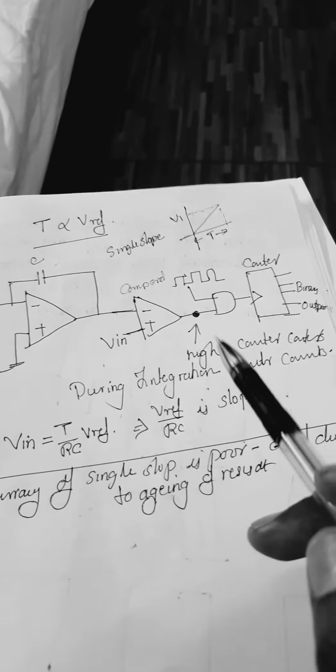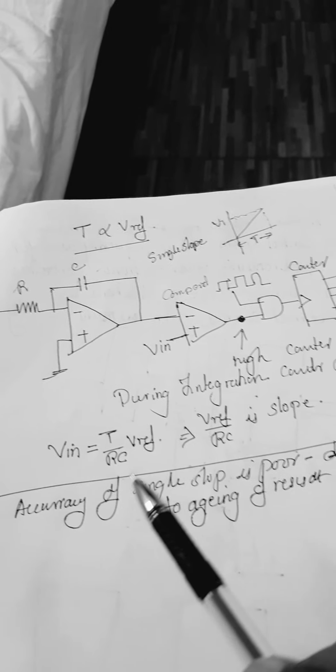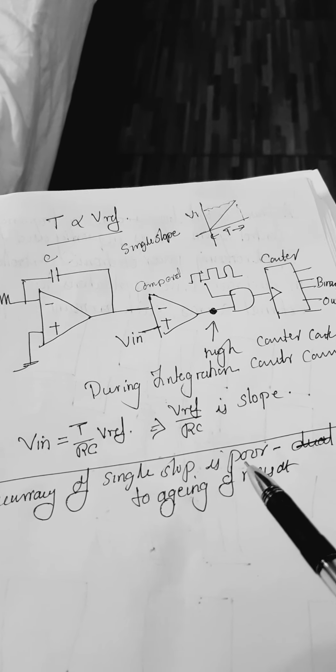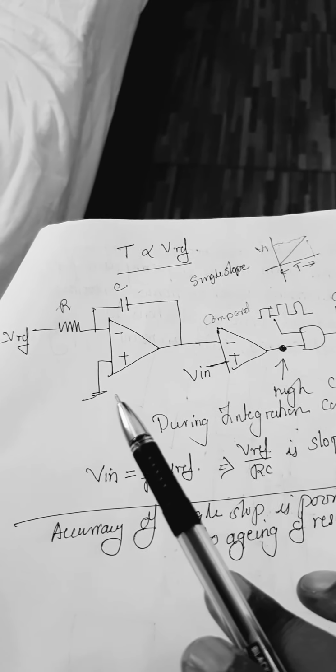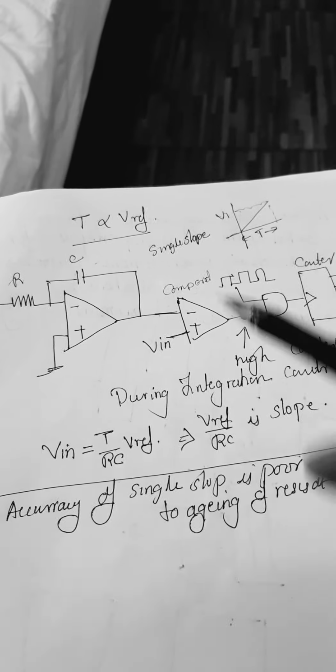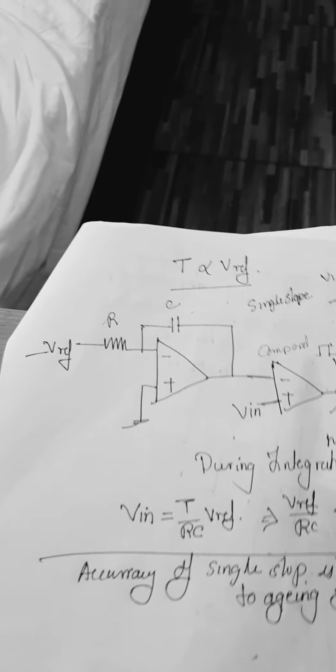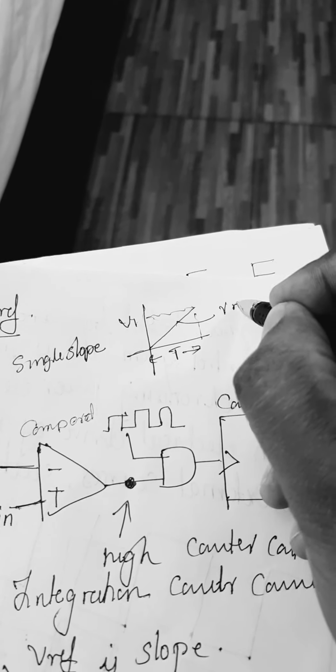So this is a single slope, but the accuracy of a single slope is poor due to the aging of the resistor and capacitor. Because of that, there can be a change in the slope. The slope is nothing but V reference by RC.